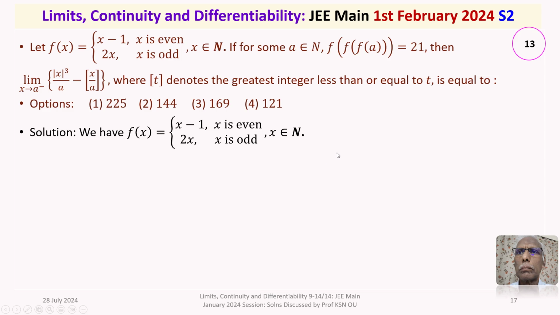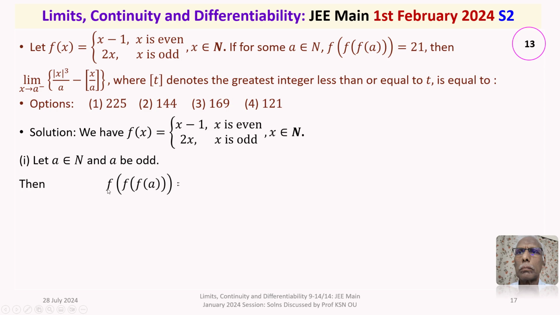Agreed. Let's now take f of f of f of a is equal to 21. Let a belong to N. First, case 1. Let a belong to N and a is odd. When a is odd, f of a is 2a.